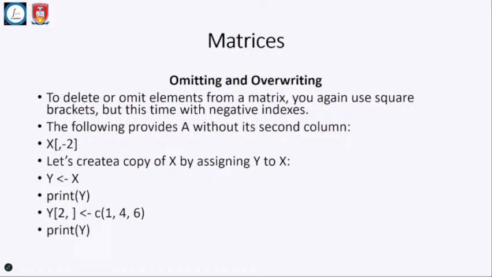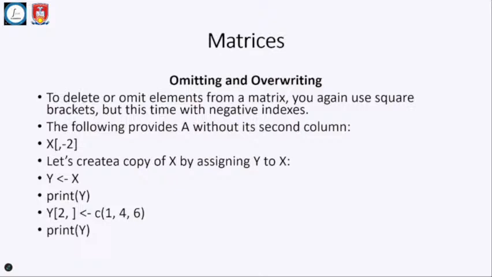Sometimes you want to get your matrix without, for instance, now look at this one, matrix A, and I do comma minus 2. What is this saying? That means I need my matrix without the second column. So this minus means what? Without. Are we together? That omits the second column.